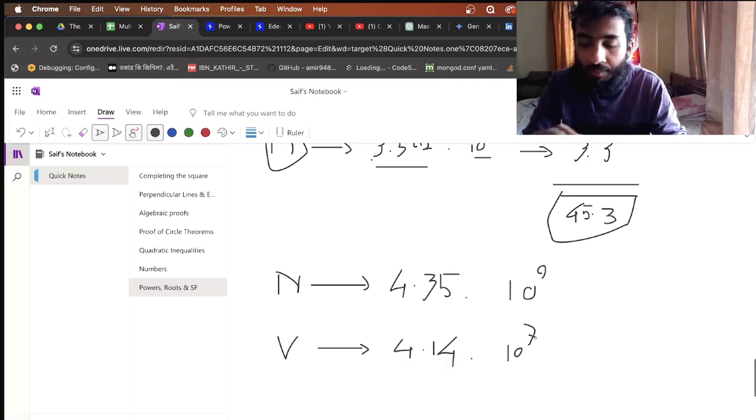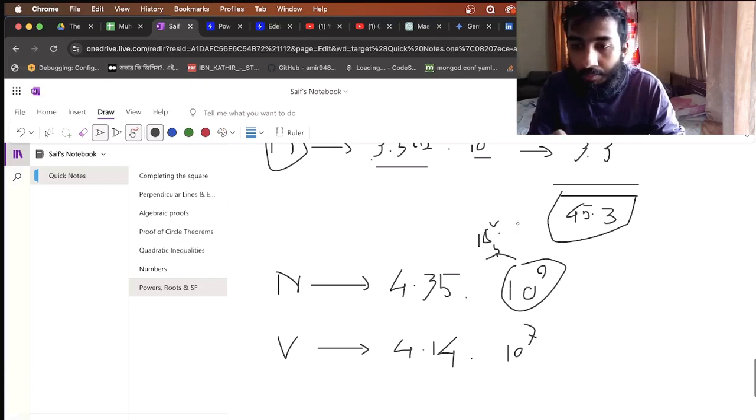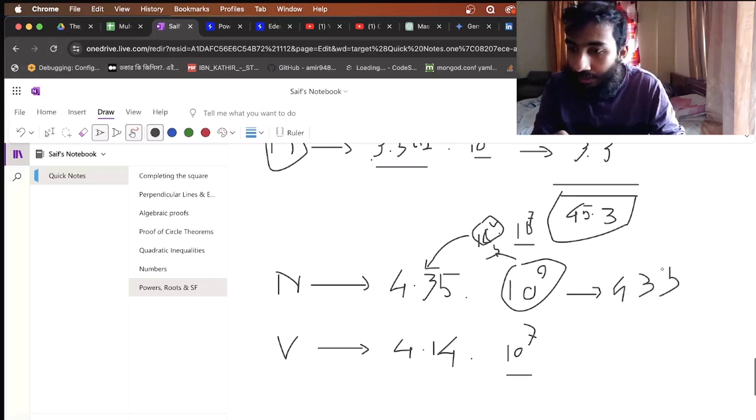So we can do the same thing. 10 to the power 9 can be expressed as 10 squared multiplied by 10 to the power 7. If I multiply 10 squared, or 100, with 4.35, we can equate both parts the same way. 4.35 multiplied by 100 is around 435, multiplied by 10 to the power 7, and in this case we get 4.14.